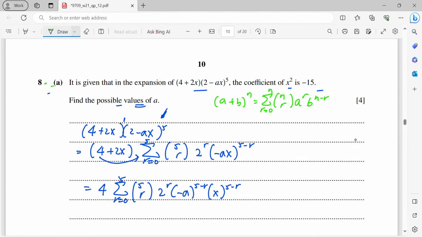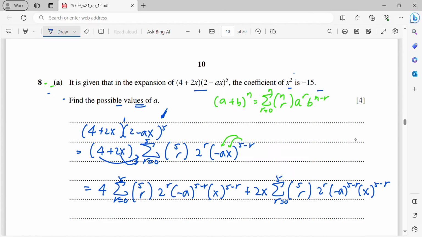So the 4 I will move in, I will multiply into all the terms. Then now the next is this 2x I multiply into the summation. So I'll get plus 2x summation 5Cr 2 to the power r, negative a to the power of 5 minus r, followed by x to the power of 5 minus r. And the r starts from 0 until 5.